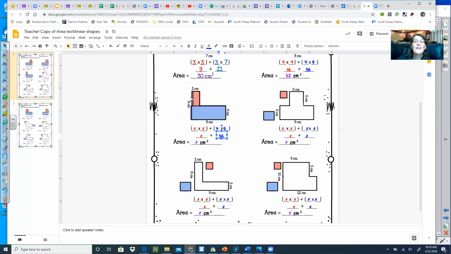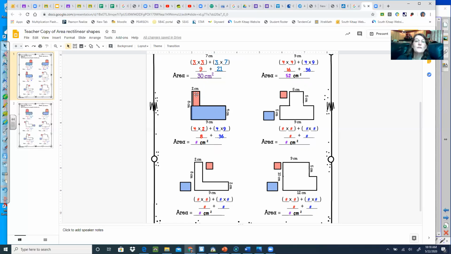So I need to do 8 take away 4 to figure out the section that's left. So 8 take away 4 is 4. So this is a 4 by 2. Now 4 times 2 is 8.